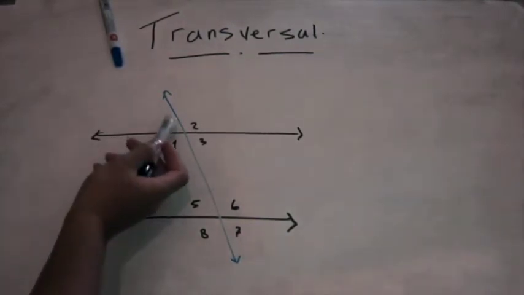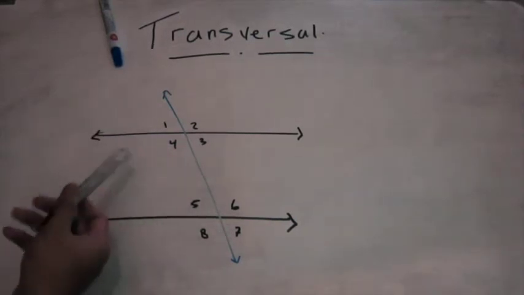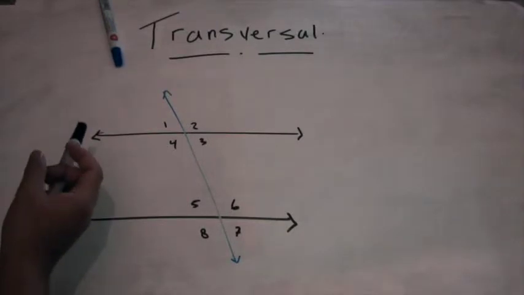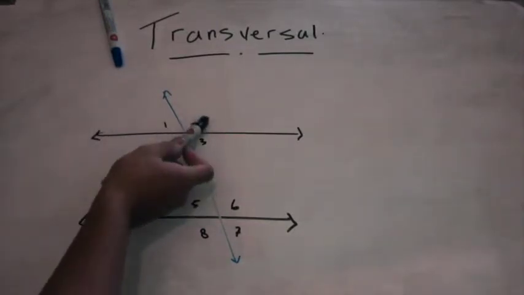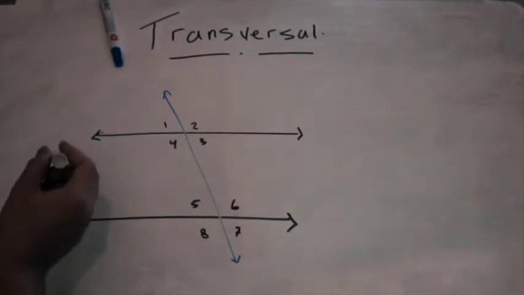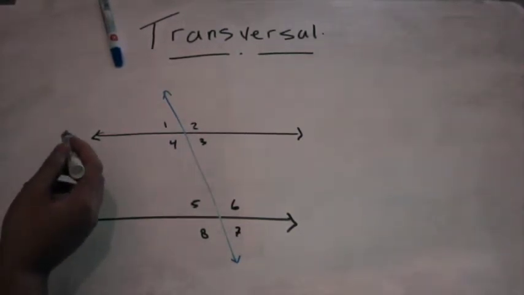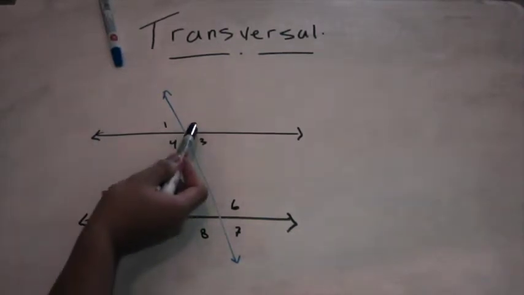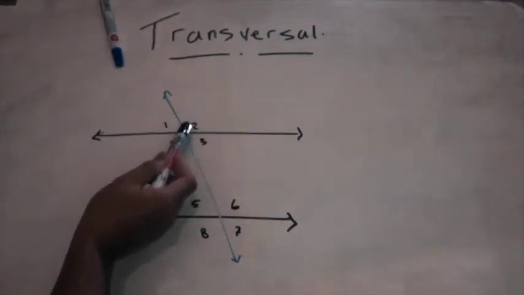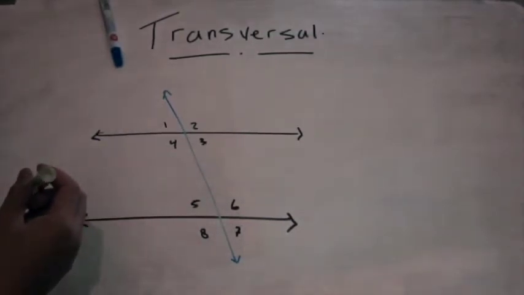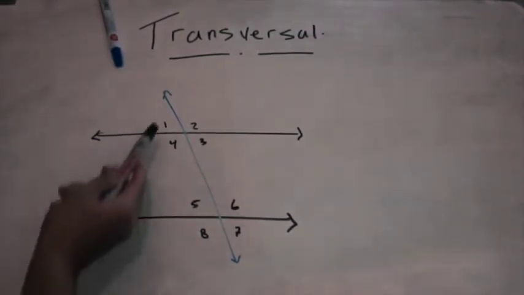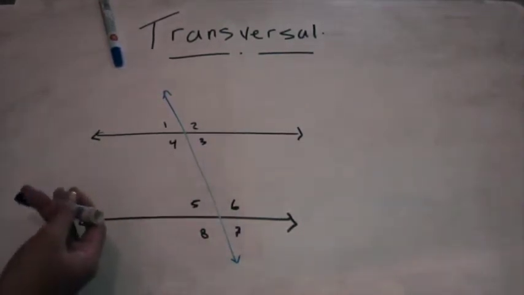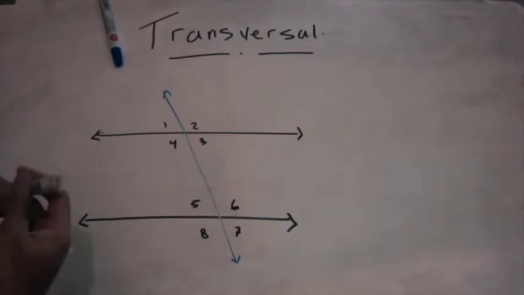When it crosses, it makes a particular angle, like 1, 2, like that. Let's look at 2 here. The same angle is going to happen when it crosses at 6. So number 2 is the same angle as number 6. In the same way, 1 and 5, 4 and 8, 3 and 7 are corresponding angles.